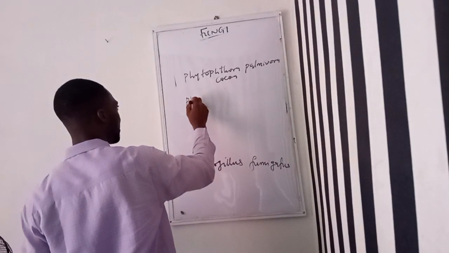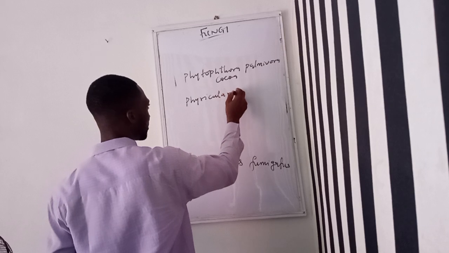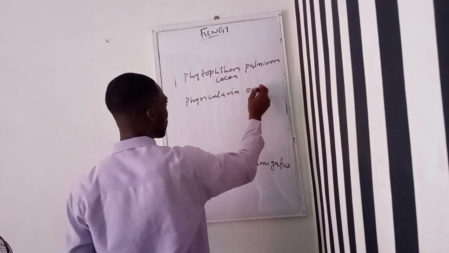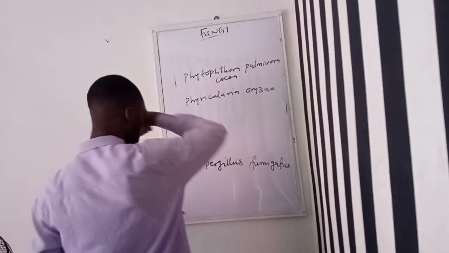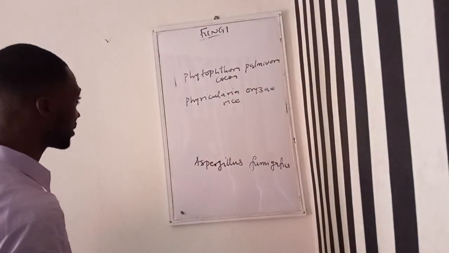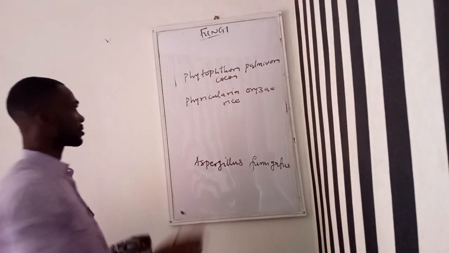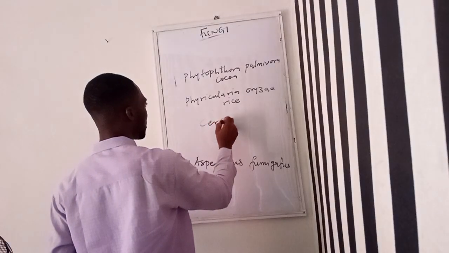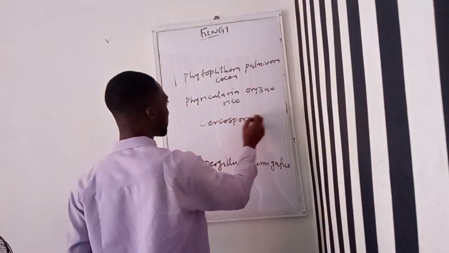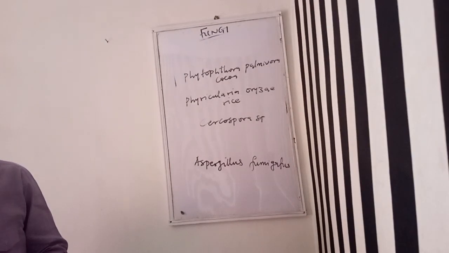Then you have Pyricularia oryzae. This one causes disease in rice. Then which one again? Cercospora sp. causes disease in groundnut, and so on and so forth. We will not be able to exhaust all of them.